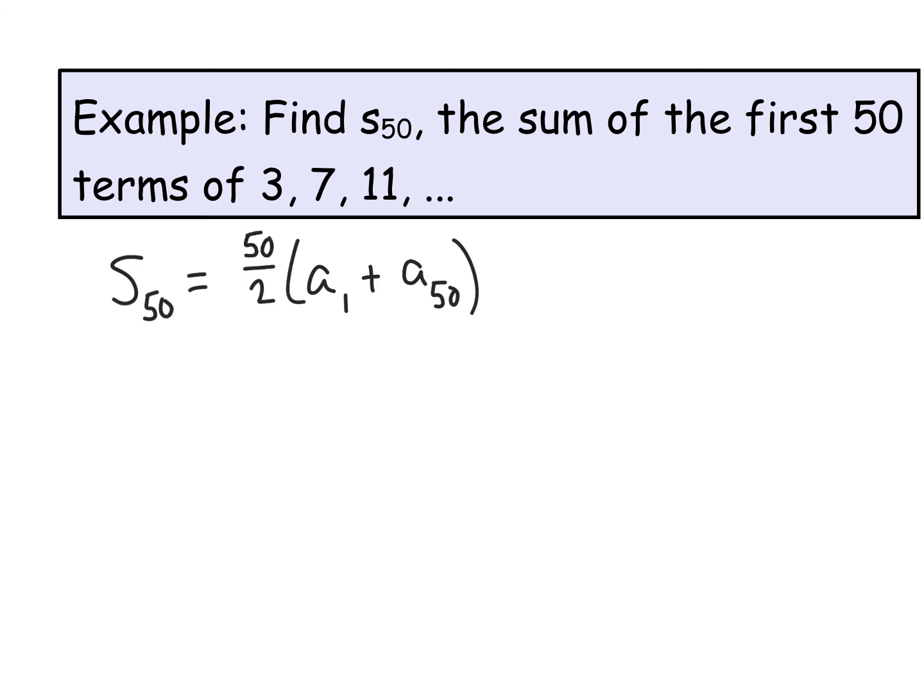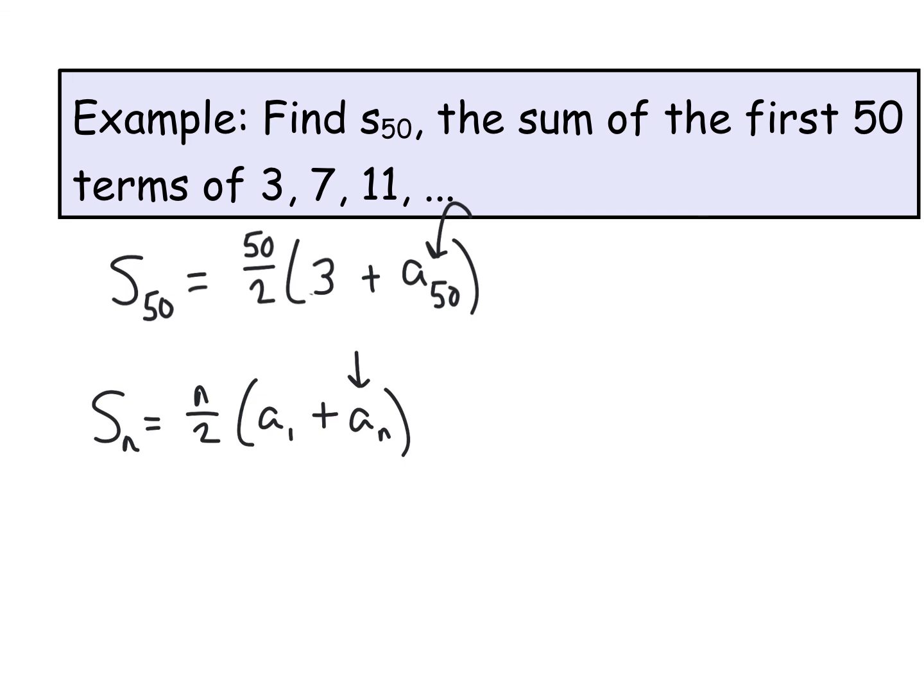50 over 2. Let's go ahead and substitute. We know a1, the first term of this sequence, is 3. But the problem becomes we don't know that 50th term, right? And we could find it, we could use the explicit formula and all that. Here's where I might want to show you the alternate version. The first version is a1 plus an.